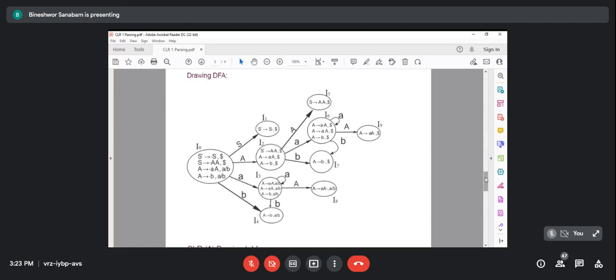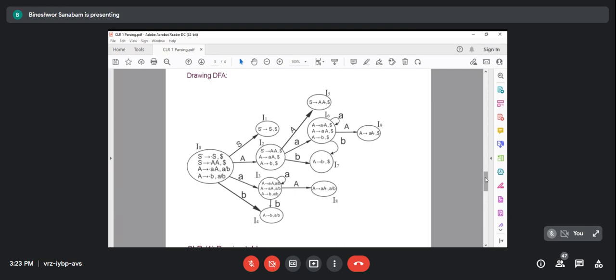Look here, how many states we have. The first point to be noted is that with this same grammar, we have 10 states in this CLR1 parsing, while if you remember the previous parsing, it was the same example but it had I think 7 states.